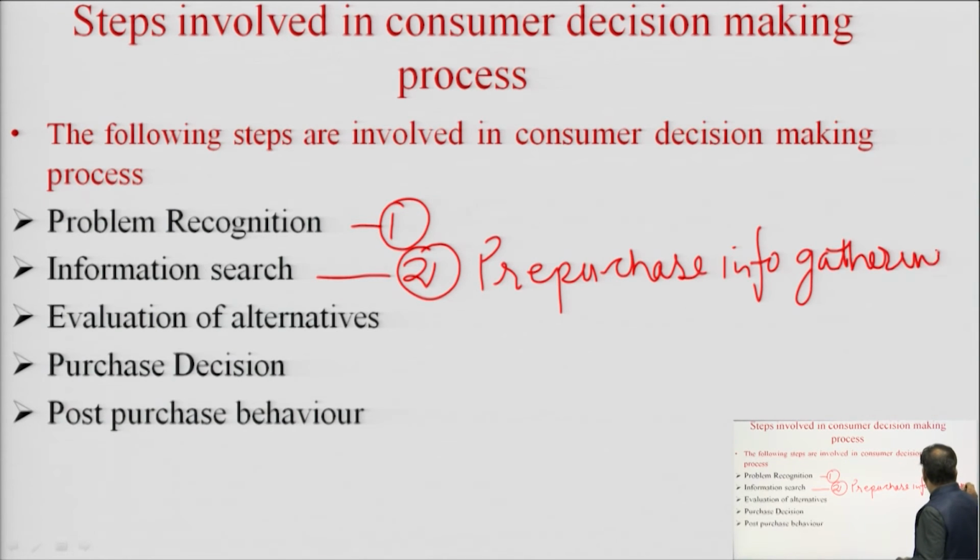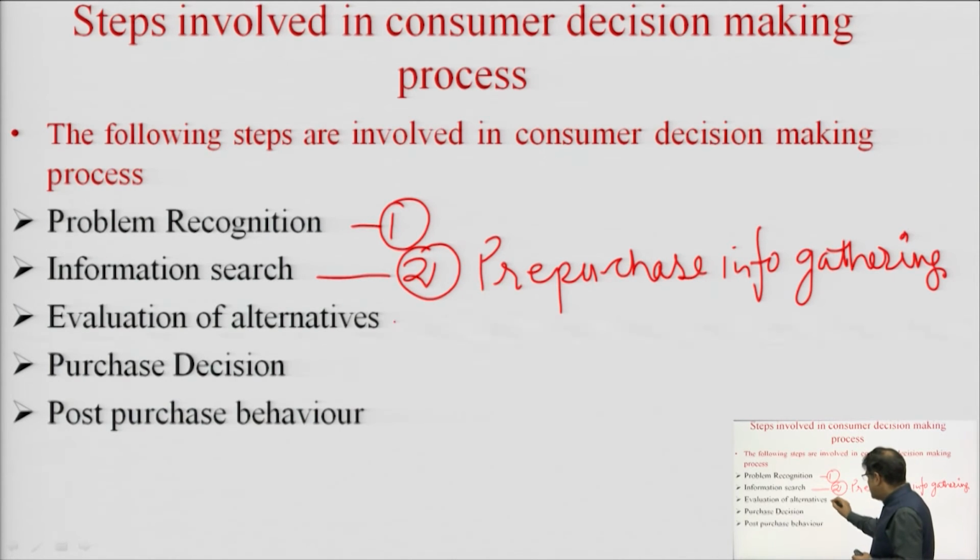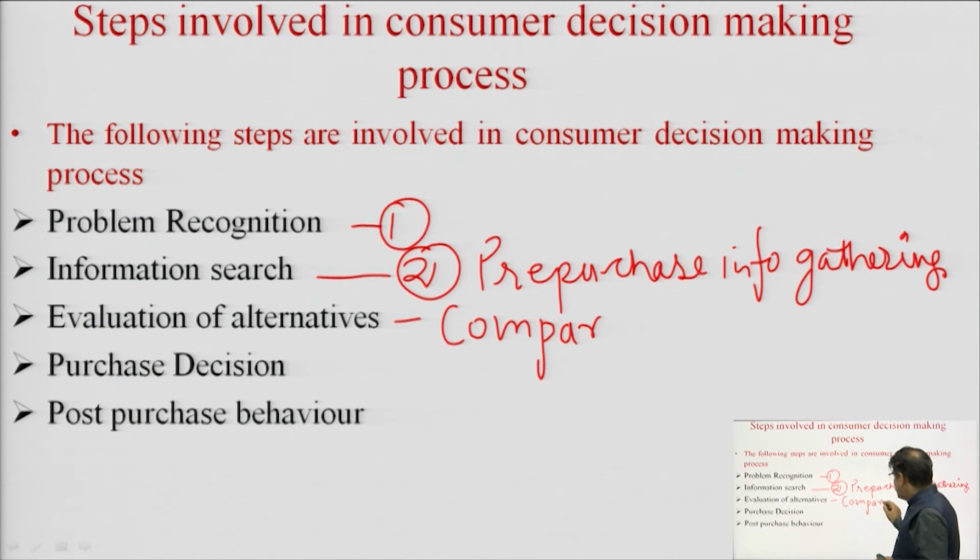So, a lot of information is collected from various sources, and because a lot of information is collected from various sources, there is evaluation of alternative. So, this step involves a lot of comparison and filtering of information.